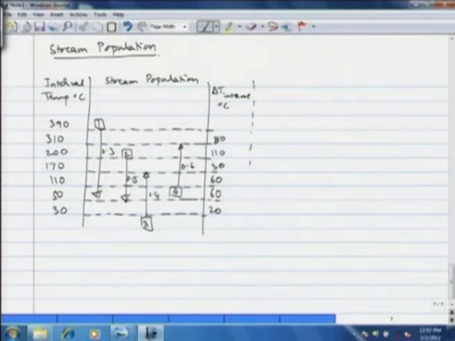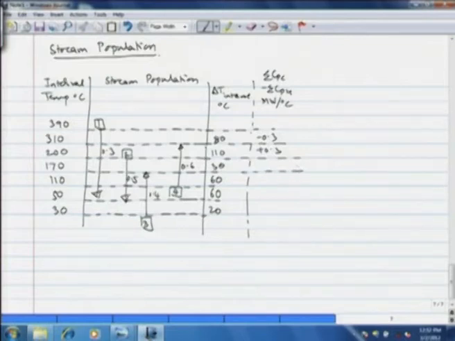Then next is summation Cpc minus summation Cph. Here again this remains same as previous, minus 0.3 plus 0.3 minus 0.2 plus 0.2 minus 0.4 and minus 0.1.